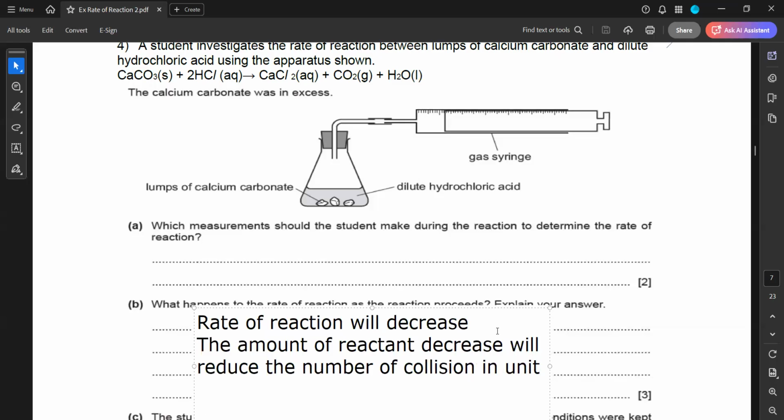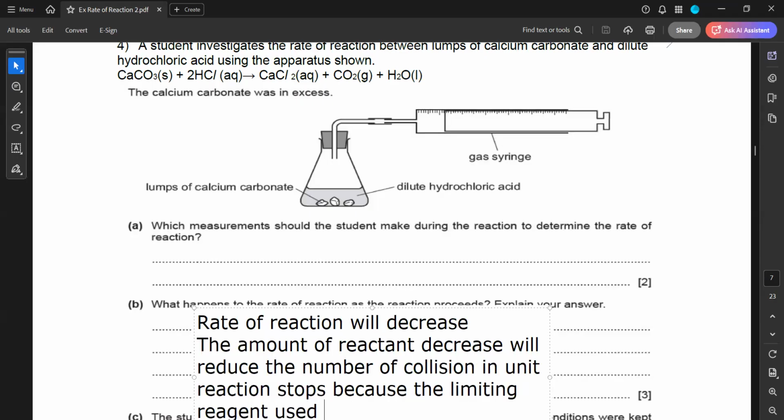And then what will happen? The reaction stops because the limiting factor or limiting reagent is used up.